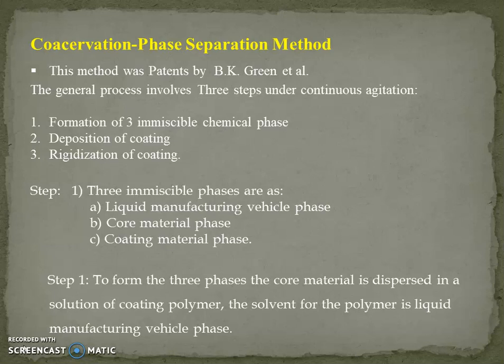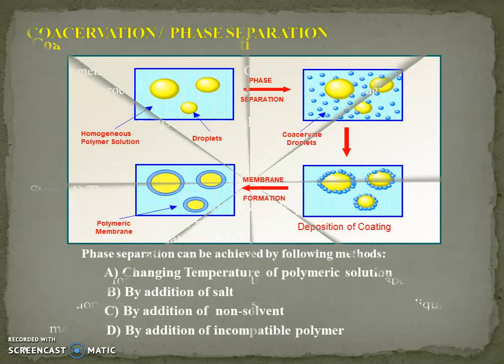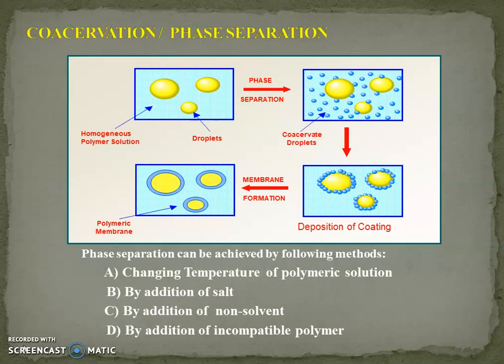So in this method, first the core material is dispersed into the coating material, and then this may be added to the liquid manufacturing vehicle phase. See here in this diagram, it clearly differentiates how this core material may get encapsulated.